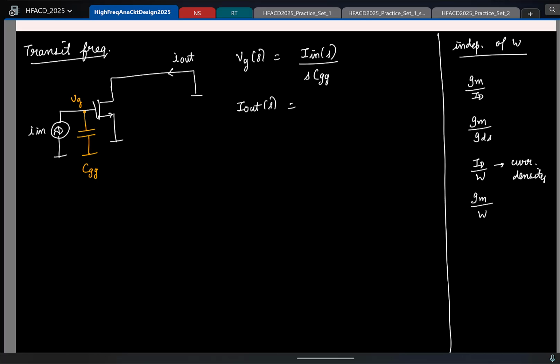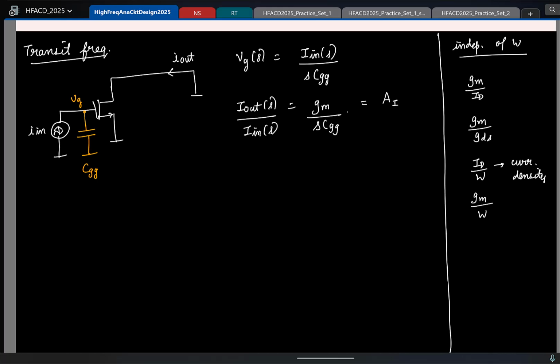GM times the gate voltage. So it's essentially GM by S CGG times I in of S. So this can be thought of as current gain. That is, I pump in a current and I see what the output current here is.